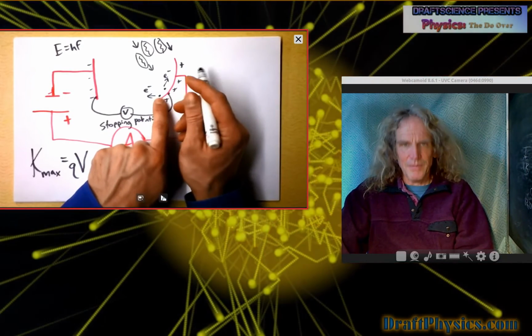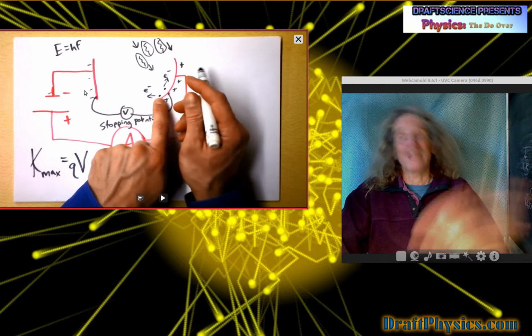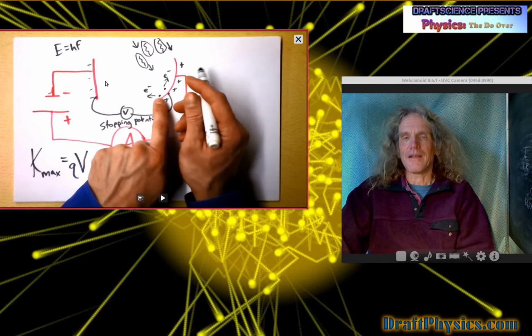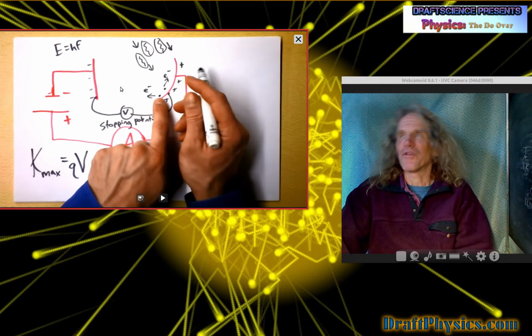So the idea would be that you set up the experiment and you start increasing the voltage against until you stop anything from happening, and then you'll know right at that point how much your strongest electron, the one that did make it before you turned it one notch higher, that'll just tell you what the maximum amount of velocity is for the electrons that are leaving.